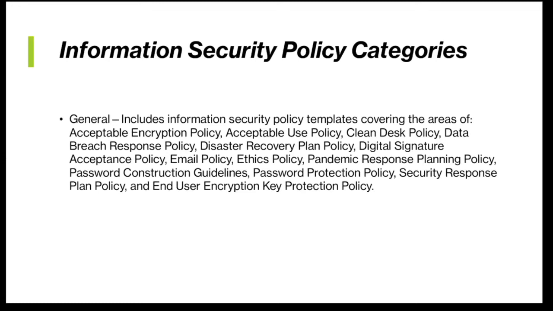So this would include acceptable encryption, acceptable use, clean desk policy or unified desk policy, data breach response, disaster recovery plan, digital signature acceptance, email, ethics, pandemic response planning, password construction, password protection, security response plan, and end user encryption key protection.